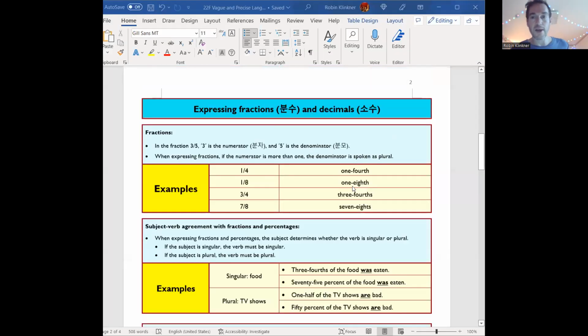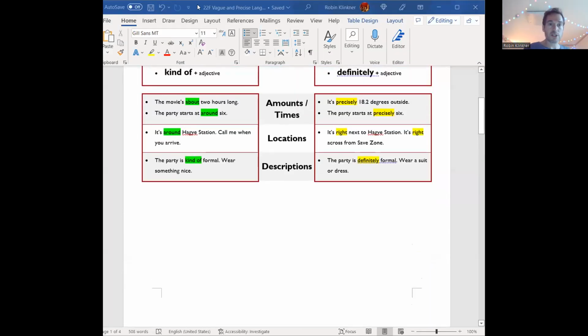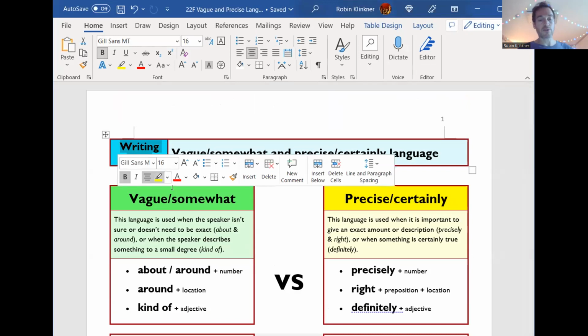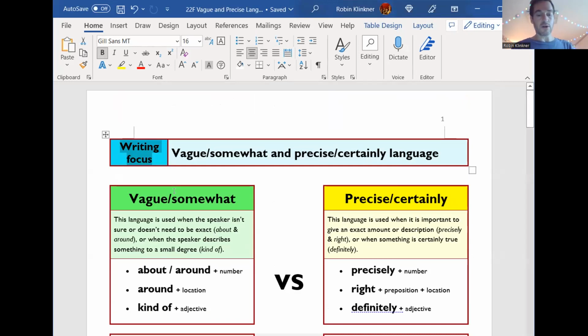So let me first mention that I'm going to upload a Word file with this video, or I think just in the materials section. So if you check the materials section, you'll find this Word document.